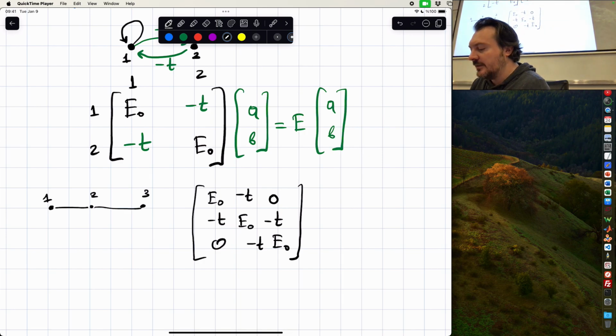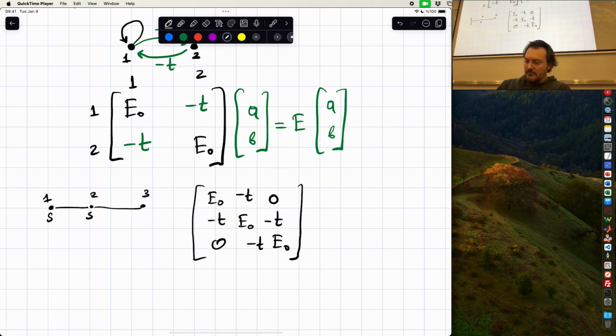Also, the E0s can be different. What if you don't have all carbons but boron and nitrogen? Then each one has its own E0. Plus, there could be multiple orbitals in one site. Right now we are assuming that there is only one orbital, let's say we are solving s orbitals.